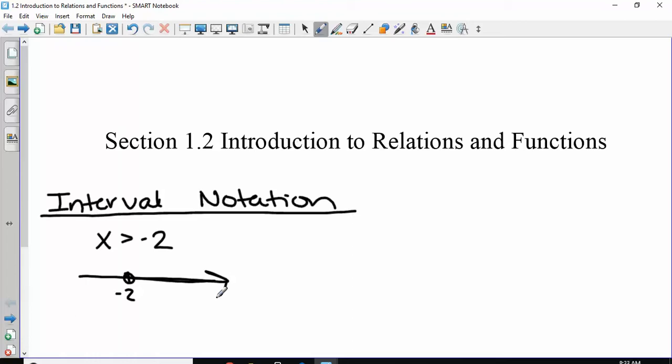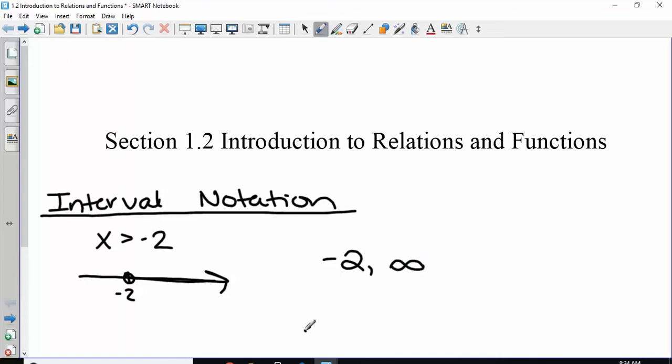So if I'm going to write this as an interval, you go left to right, small to large. So the first number starts at -2. And then it keeps going forever. If something never ends, we call that infinity. It's like a sideways 8.